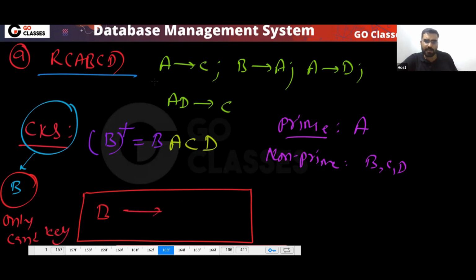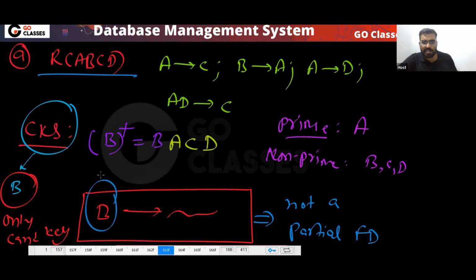So tell me, can this be a partial dependency? Whatever I put here, can this be a partial dependency? This cannot be a partial dependency, because the key is a single attribute. We have already seen what a partial dependency is.